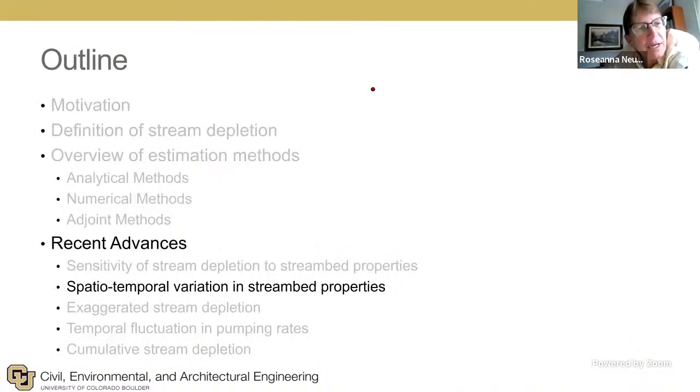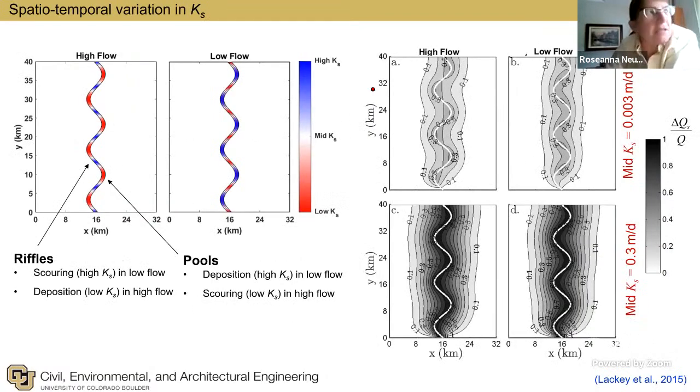Another thing we looked at is what happens when you have spatiotemporal variation in the stream bed hydraulic conductivity. A lot of the numerical simulations assume that the stream bed has one hydraulic conductivity throughout the whole domain of the model. And that's not really how things work in nature.